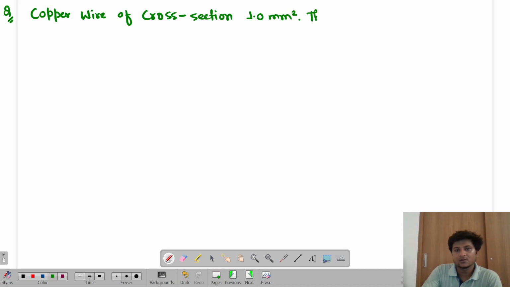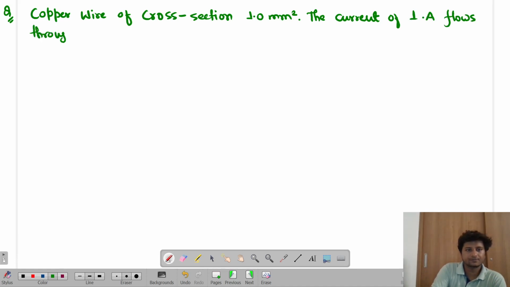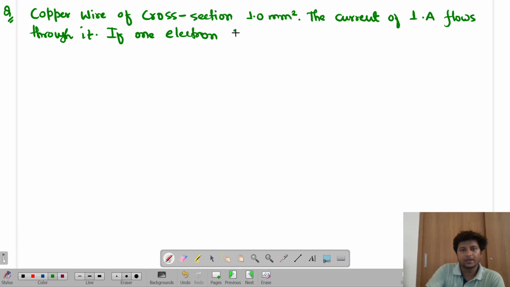And the current of 1 ampere flows through it. Got it? It says if one electron per atom is free, okay, only one electron per atom is free.